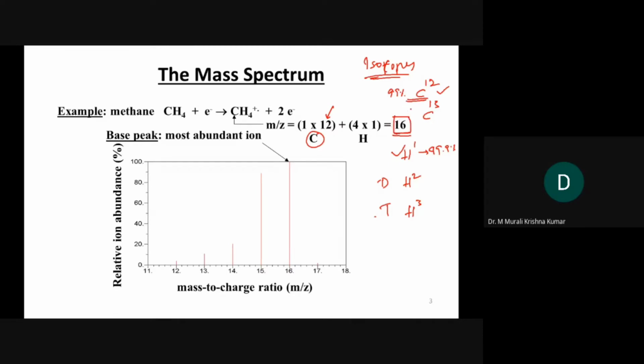Okay, if we consider the presence of C13 or other isotopes, then you can get extra peaks, though they are very small. Extra peaks will come in after the molecular ion. So how is it possible? Let's see.